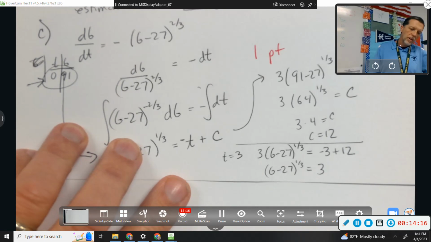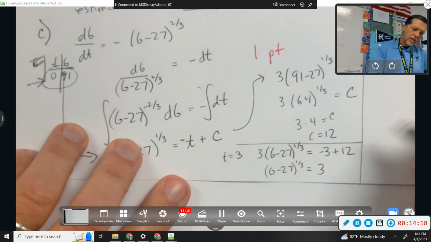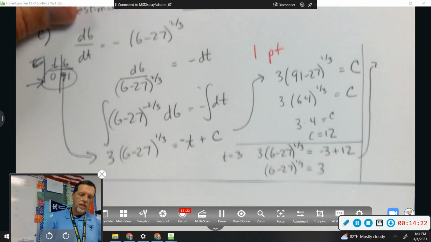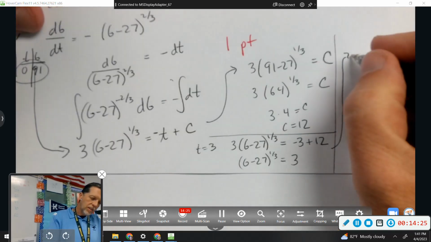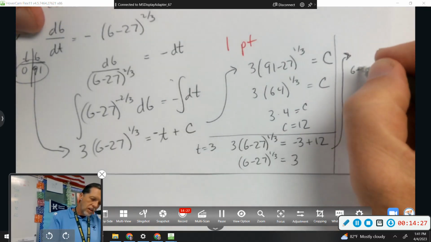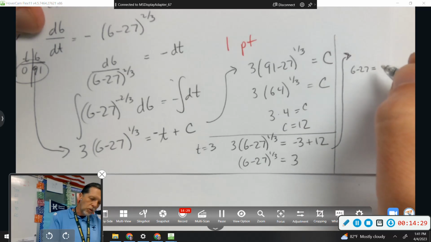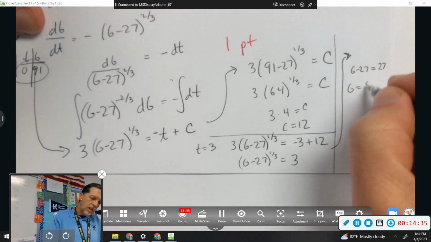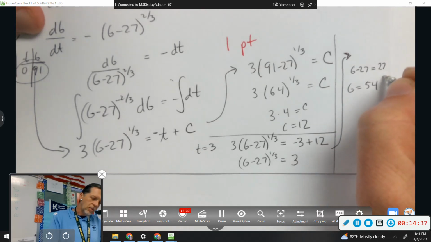Running out of space here. Then cube both sides. So they gave us a reasonable number to cube, because it's 27. And then add 27 to both sides. So G is 54.